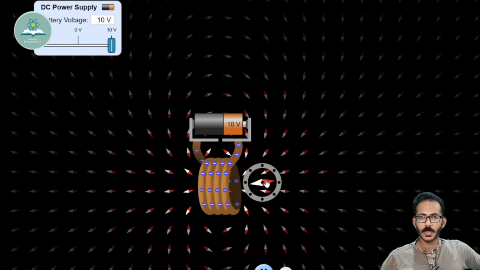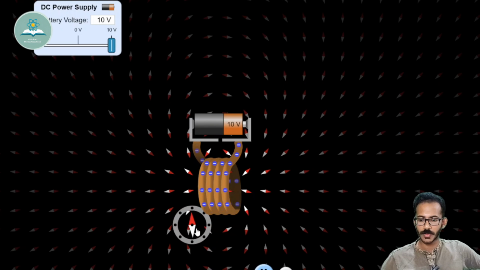So, when you take a magnetic compass near to any current carrying conductor, it shows deflection. Observe here, the magnetic needle is showing deflection because even the needle is made of a small magnet.